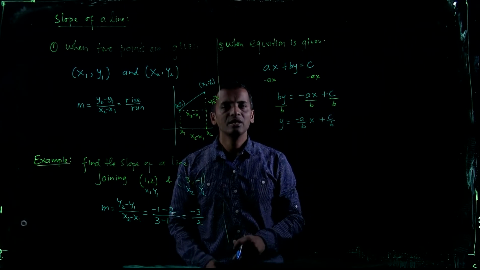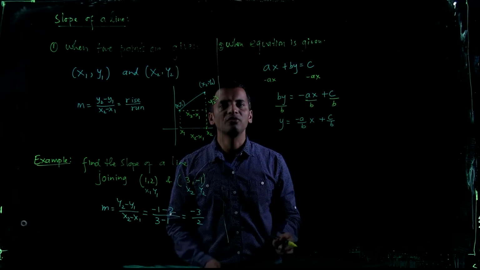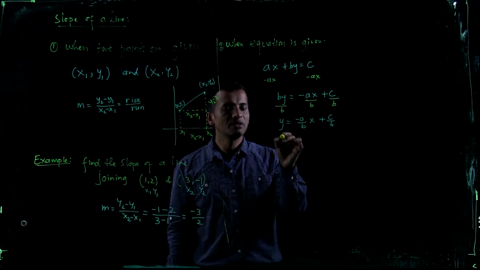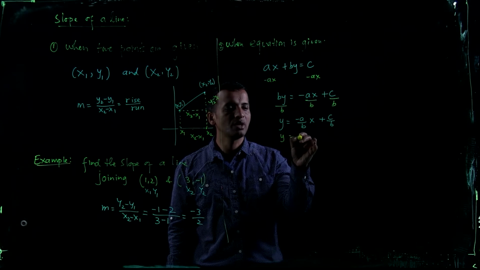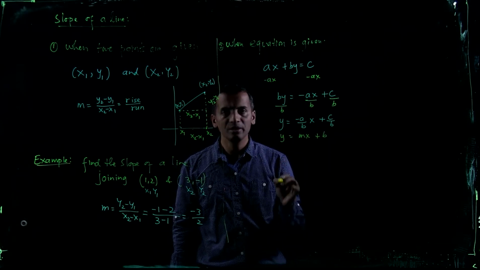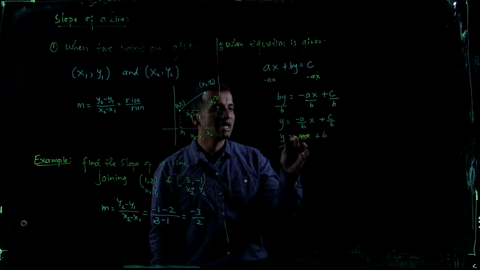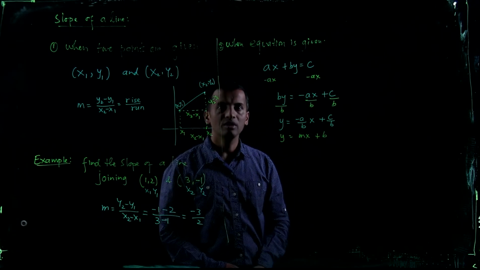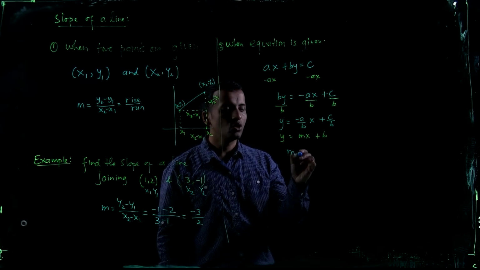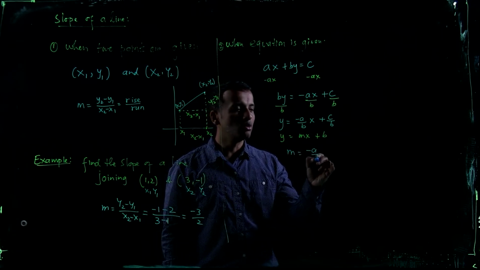In this case, this is in your familiar form. If you compare this with the y equals mx plus b form, you see that m is the slope, that is negative a over b.